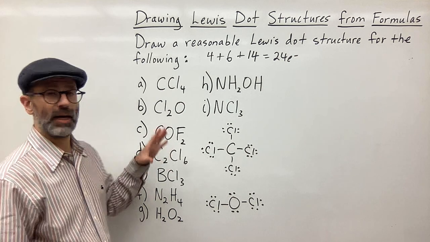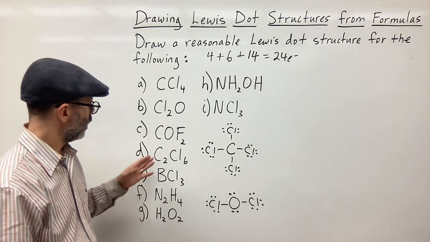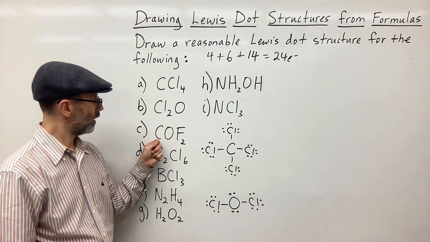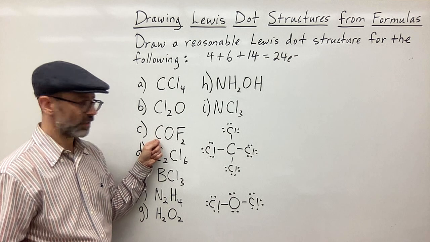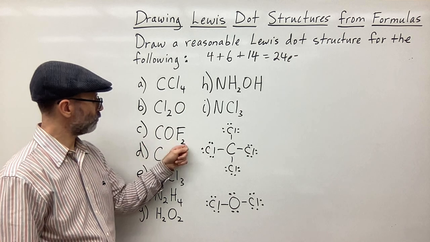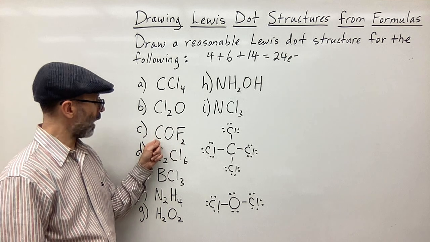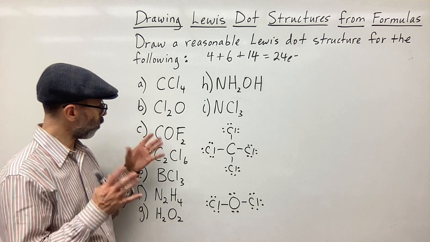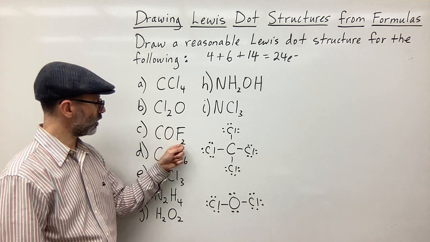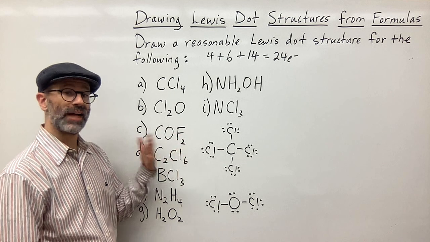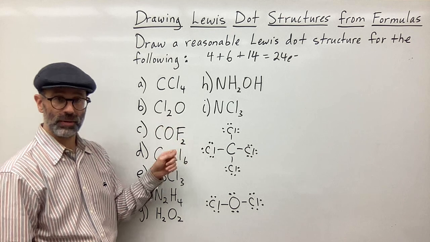So now step 2, skeletal structure. Here I have carbon. Carbon is written first, so it's likely to be the central atom. Oxygen and fluorine are more electronegative than the carbon. Also, carbon makes more bonds compared to oxygen and fluorine. Fluorine is only going to bond once. So like hydrogen, fluorine will never be a central atom.